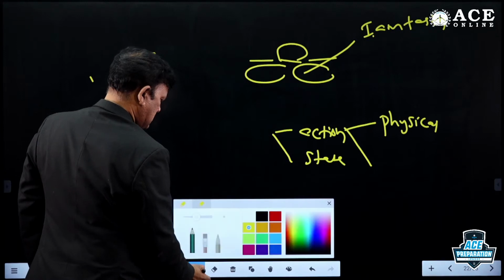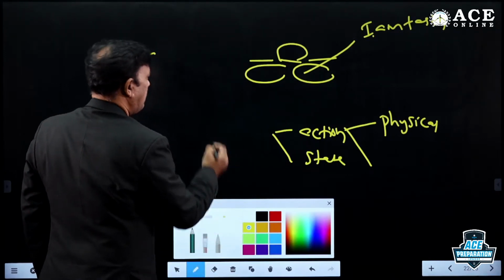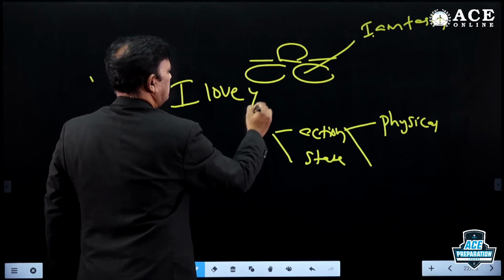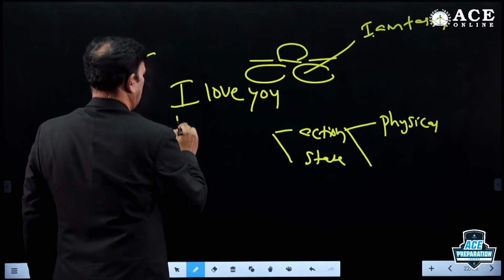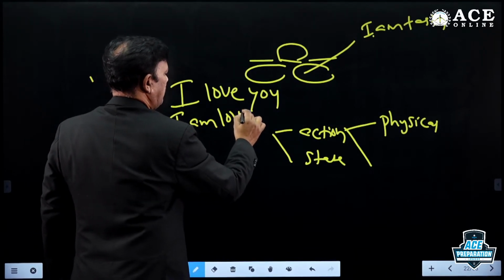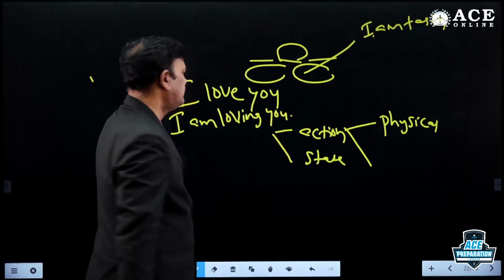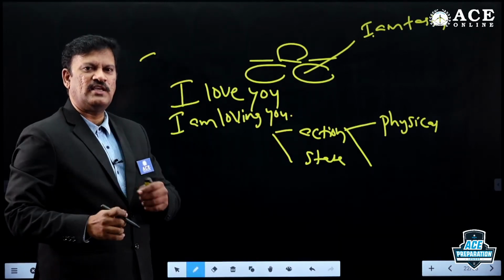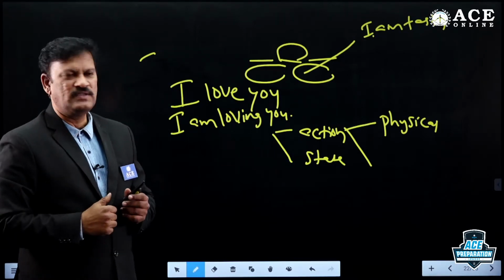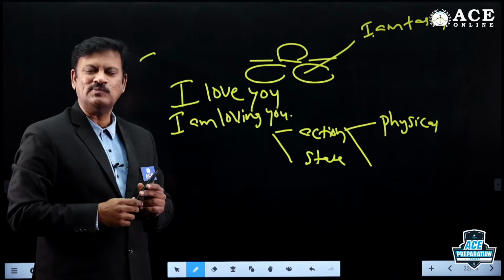What is the right sentence to use? Okay, guys, boys, you want to propose to a girl. Which one do you use? Do you say, I love you or I am loving you?